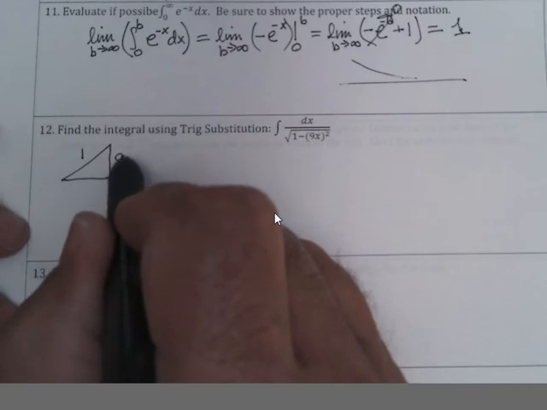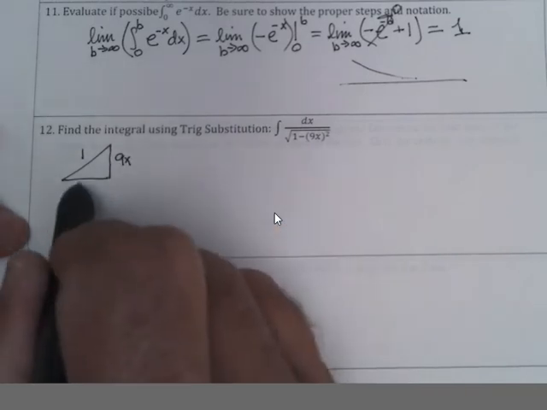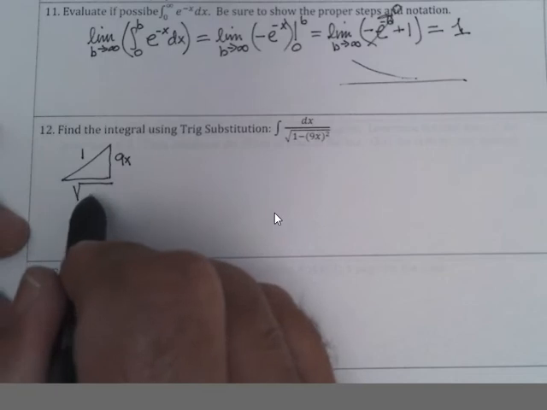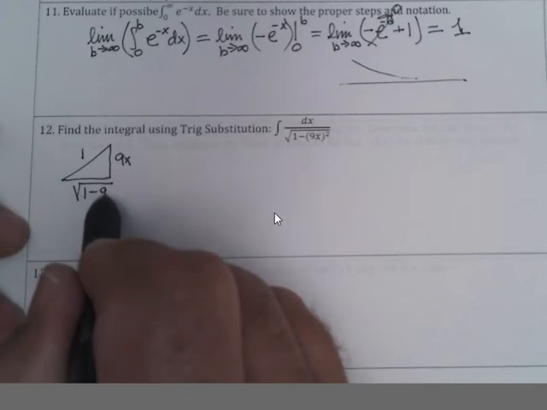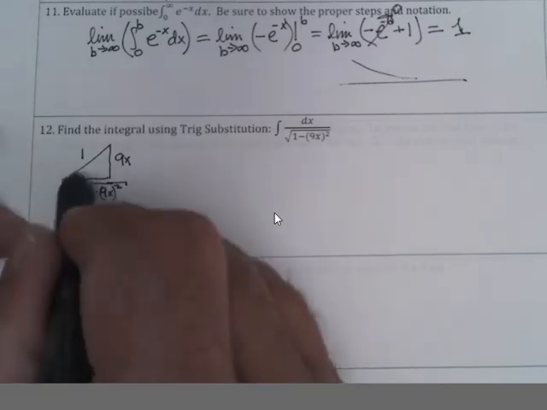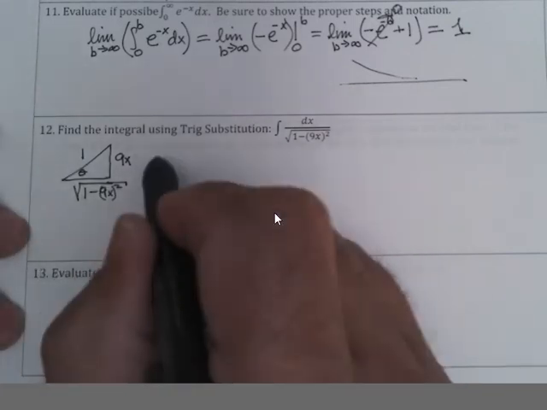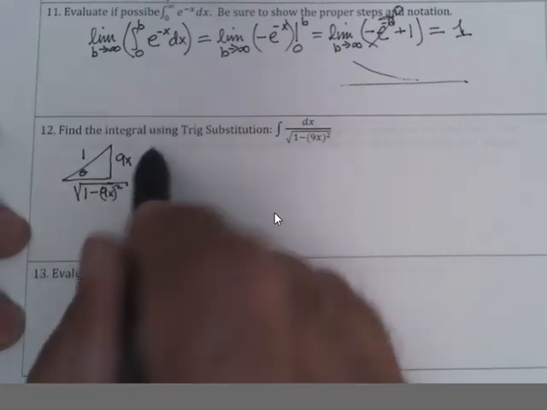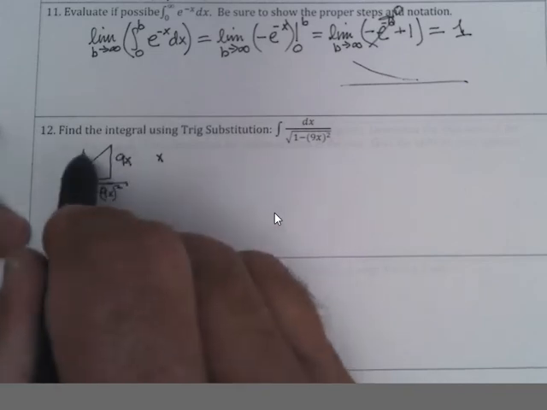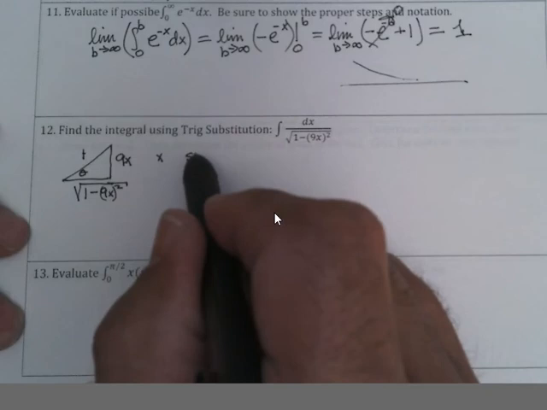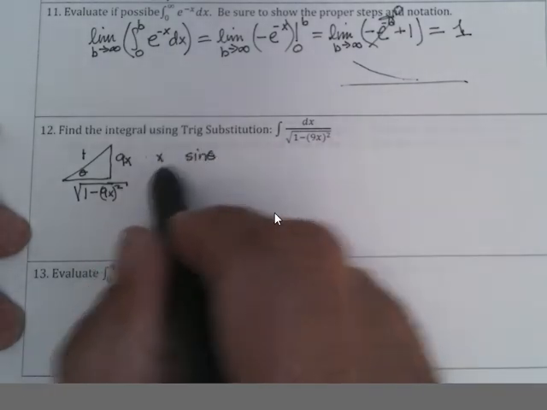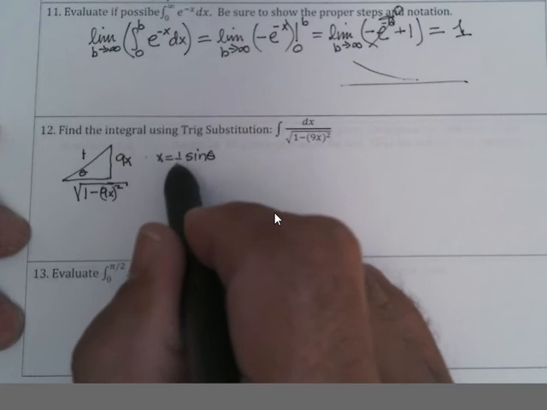I'm going to put it here, and then the square root would go here, and it would be the square root of 1 minus 9x quantity squared. So now what is x? Well, 9x over 1 is opposite over hypotenuse, so the sine of theta is 9x over 1, so I'd have to divide by 9.